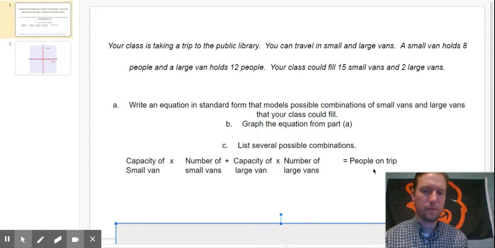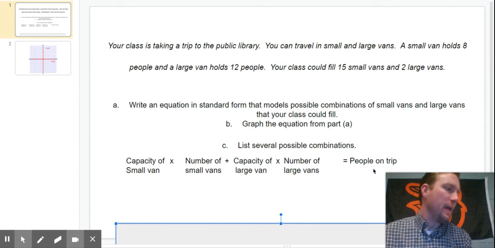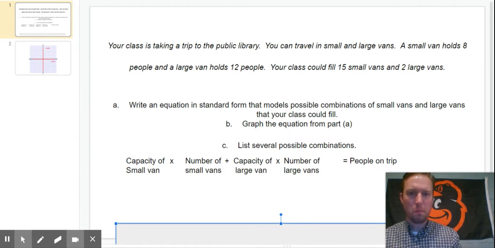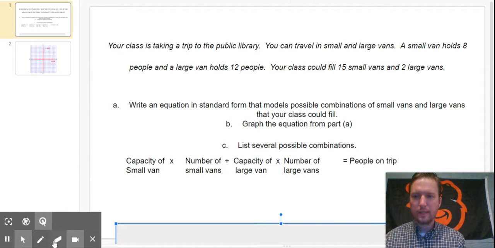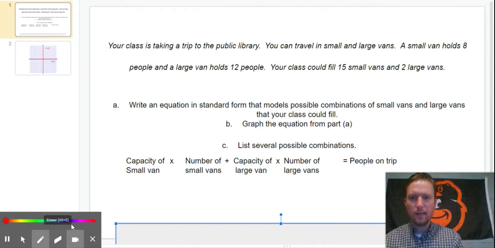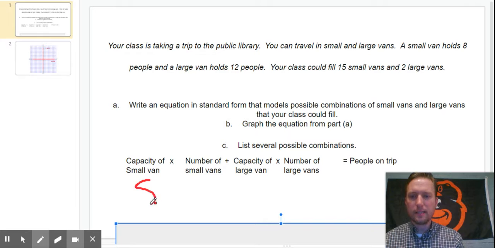Looking at the problem, the capacity of the small van would be 8.